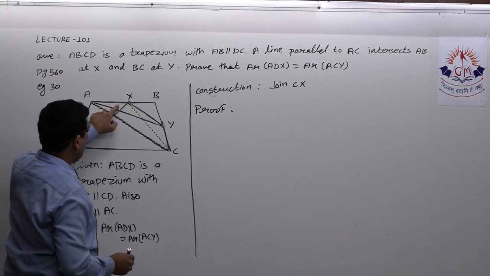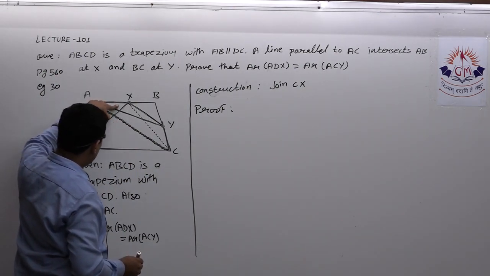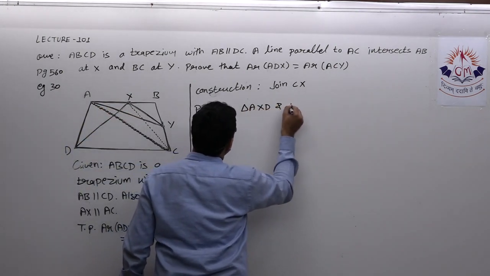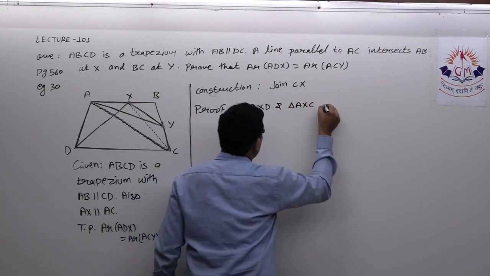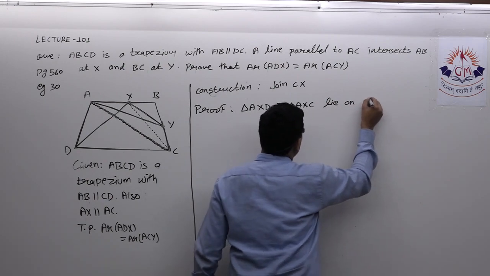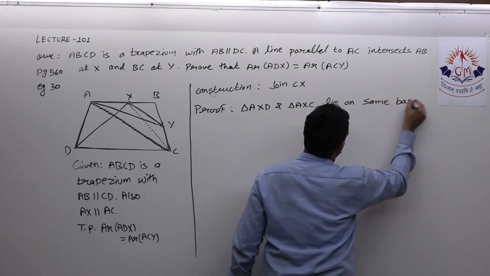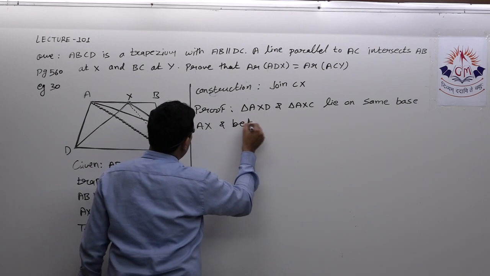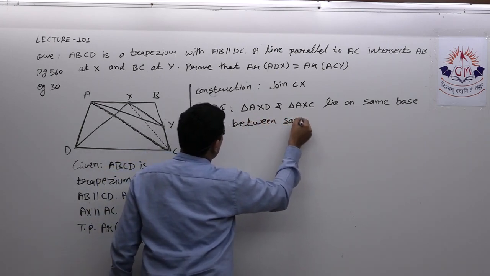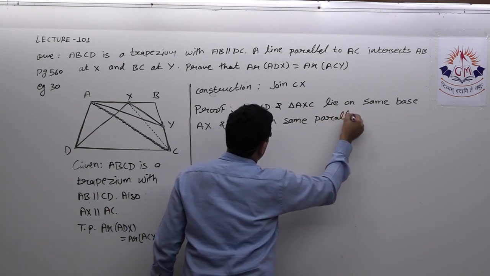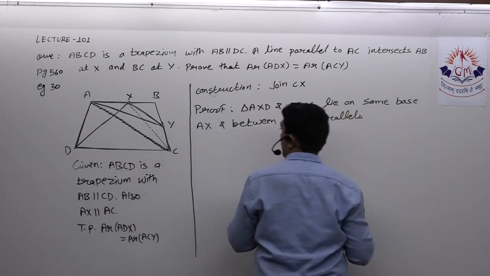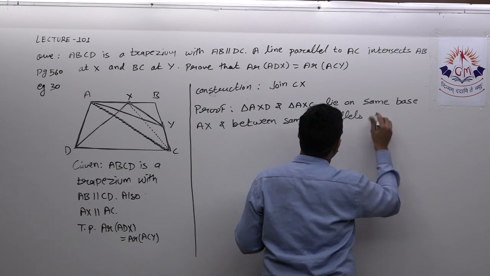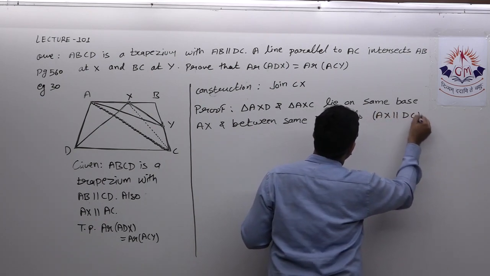Triangle AXD and triangle AXC lie on the same base AX and between same parallels AX and DC, that is AX parallel DC.